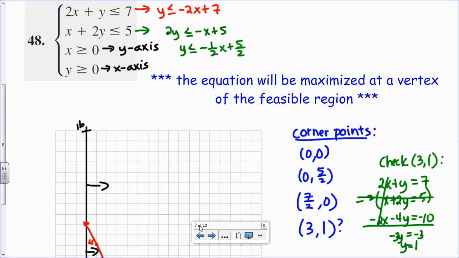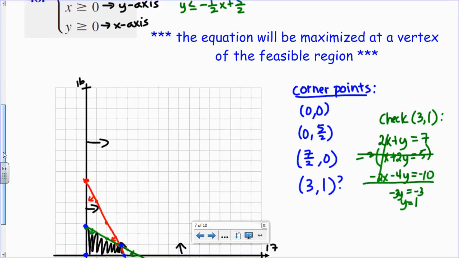Y equals 1. Plug that back in. 2x plus 1 equals 7. So x equals 3. Subtract 1 and 6, divide by 2. So 3, 1. Right.